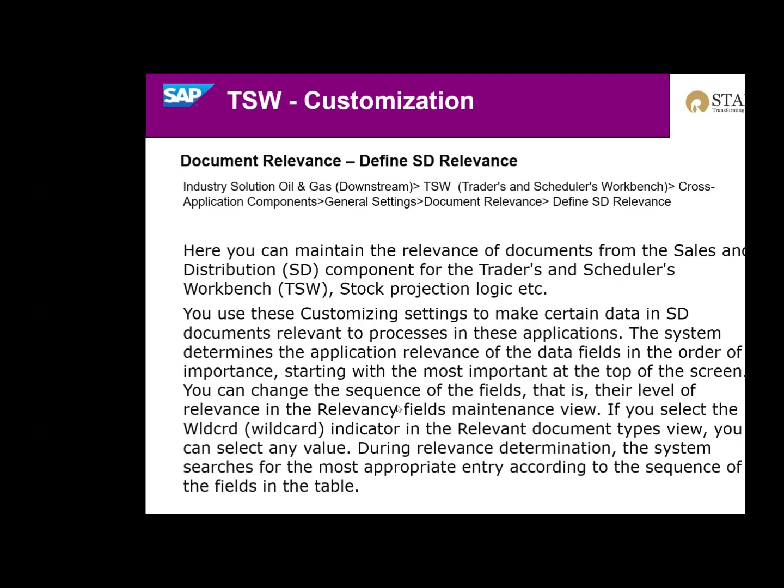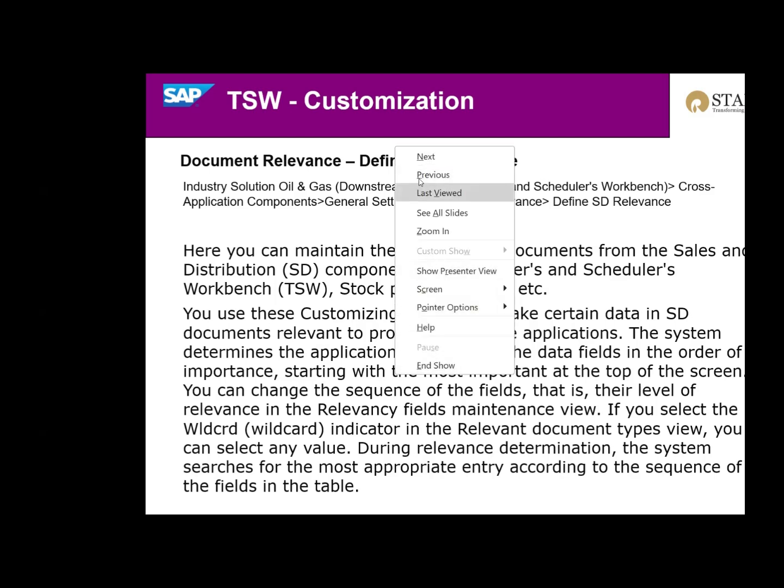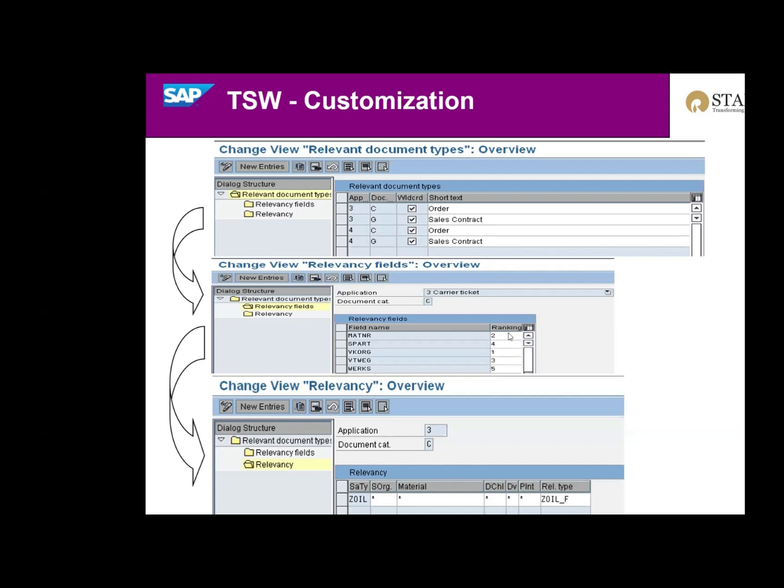You can change the sequence of the fields, that is their level of relevance in the relevancy fields. The level of relevancy you have seen. See this level relevance. This will be the first, then second, third, fourth, fifth, like that.